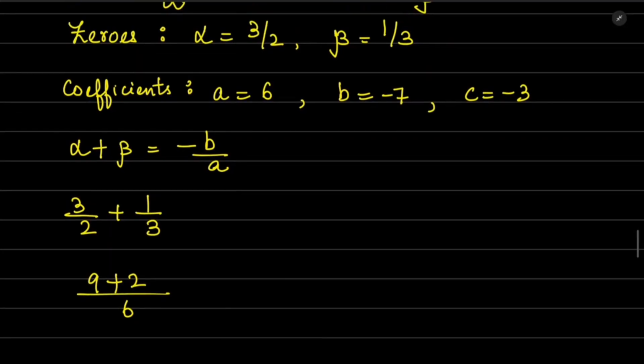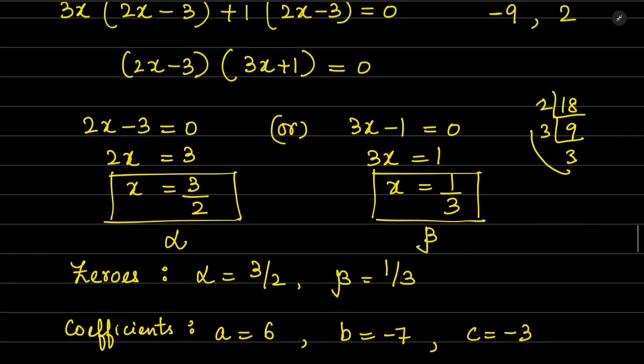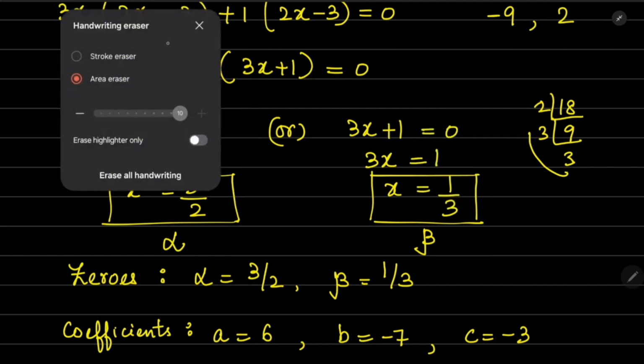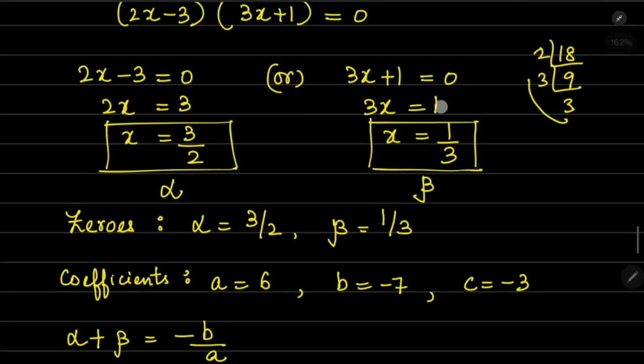Is it correct? Have I done it correctly? Okay, I have made a mistake. The mistake is nothing but, see, 2x minus 3 equal to 0 or 3x plus 1 equal to 0, isn't it? So this is 3x plus 1. Let me correct it. So what will be x here? x will be equal to minus 1.